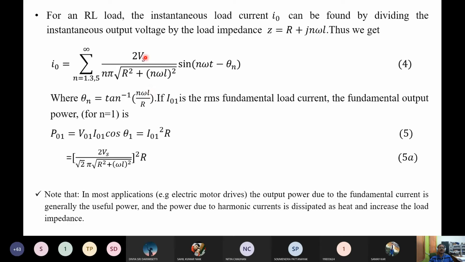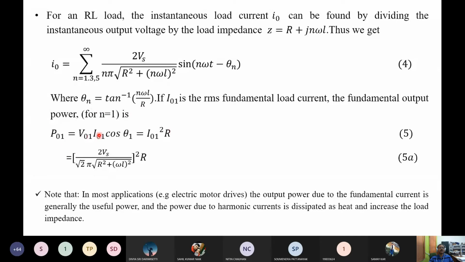This is the expression for 2 Vs by n pi impedance into sine n omega t minus theta n. Theta n is the phase difference between the respective harmonic voltage and current.